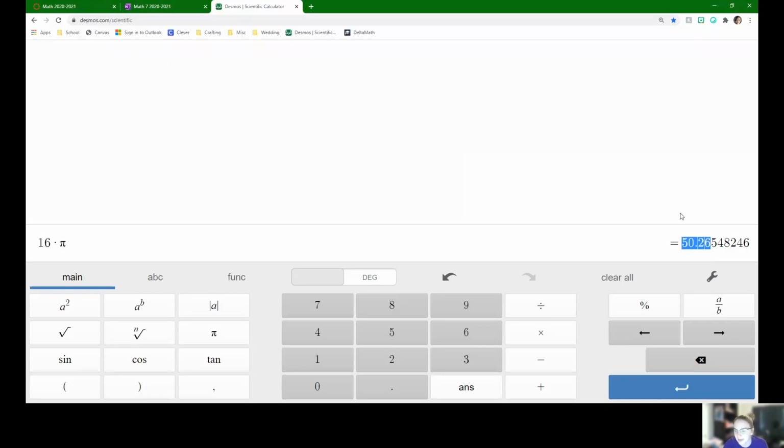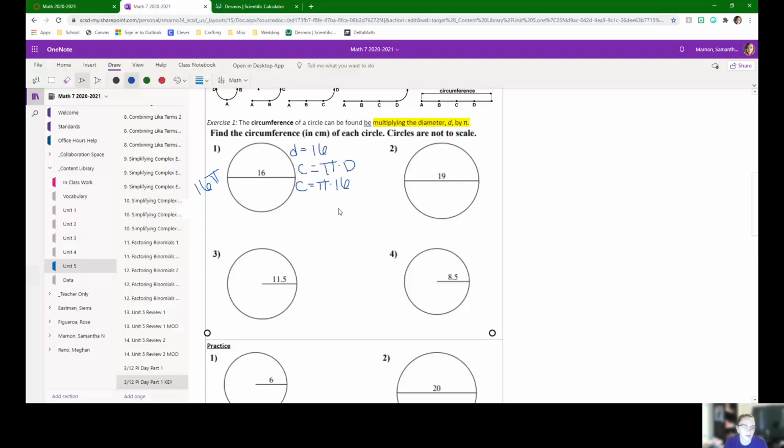That means I'm going to stop after 2, look at that next number, 5 or above, give it a shove, 4 or below, let it go. Because we have a 5 after our 2 decimal places, we're going to go up. So this 6 is going to go up to a 7. So we're going to have 50.27 centimeters. These are all in centimeters.